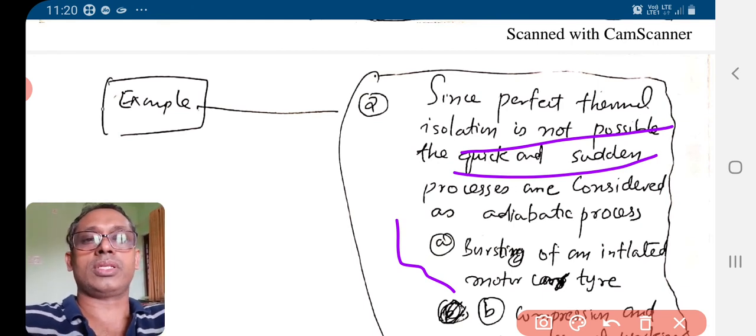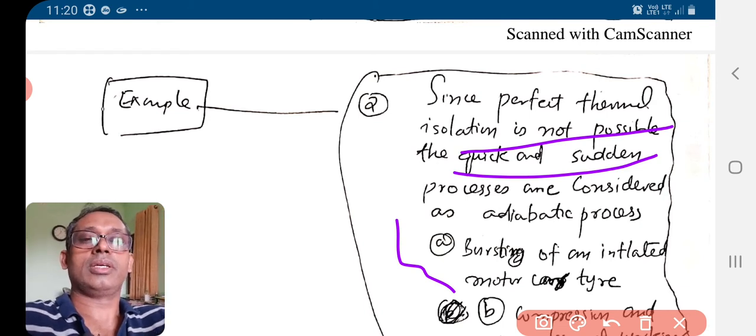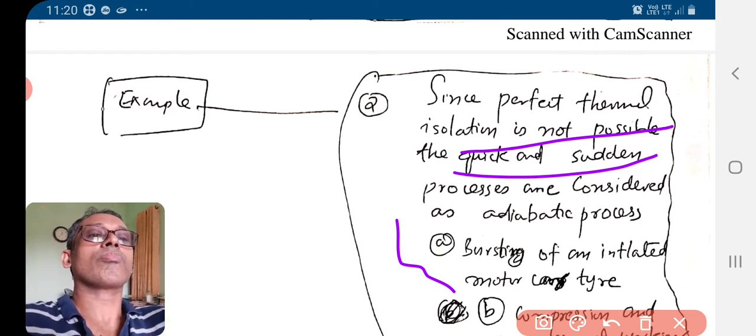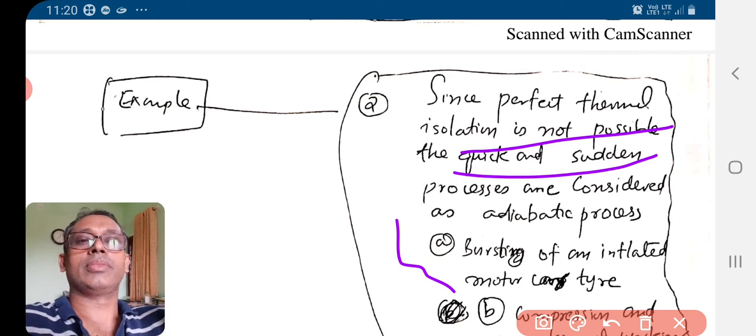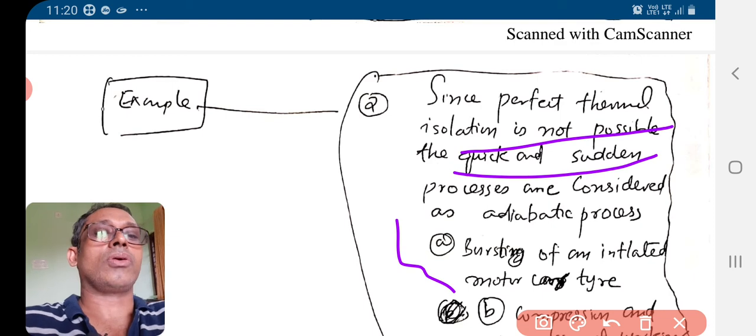That's a very quick process, and the gas in the tire will not get enough time to transfer heat energy to the surroundings to maintain the temperature constant.